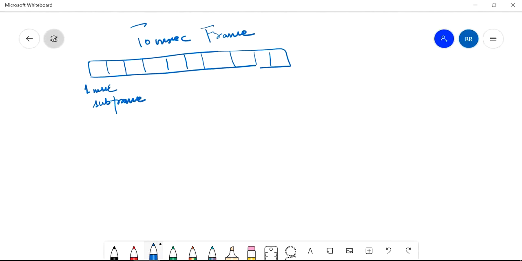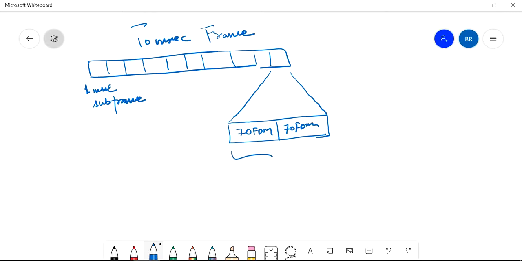Now in LTE, if you remember, one subframe used to have 14 OFDM symbols. Divided by half, so 7 OFDM symbols here and 7 OFDM symbols here. So total 14 OFDM symbols in one subframe, and each half is one slot.